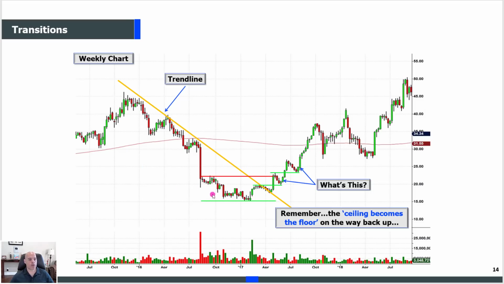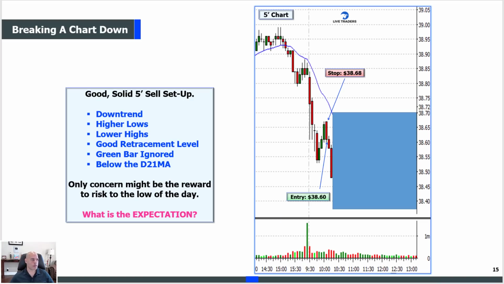Now I want to look at it in, I don't want to call it real time because it's not technically real time. But we're going to do something that you should all be doing all of the time, for every trade you take or every trade review that you do. Take a look. Notice what I've done here before we even talk about the chart. I took a big blue box and I covered the future.